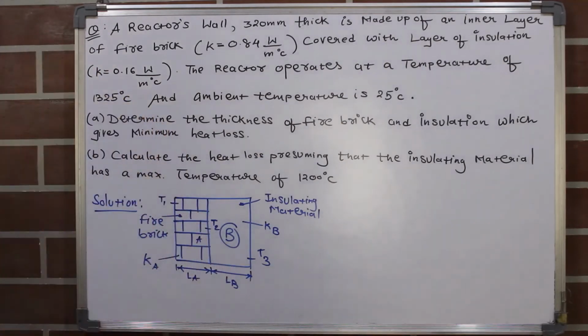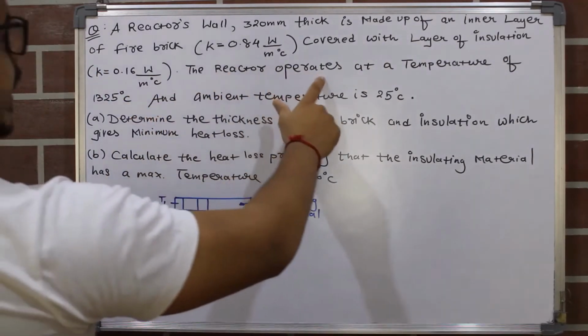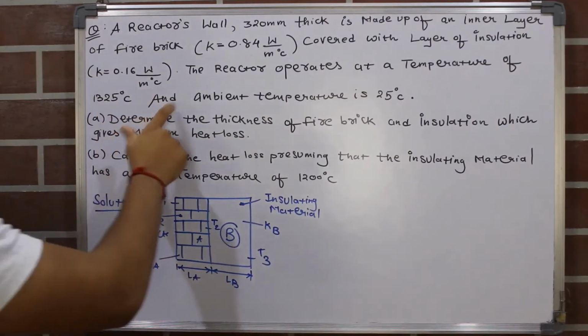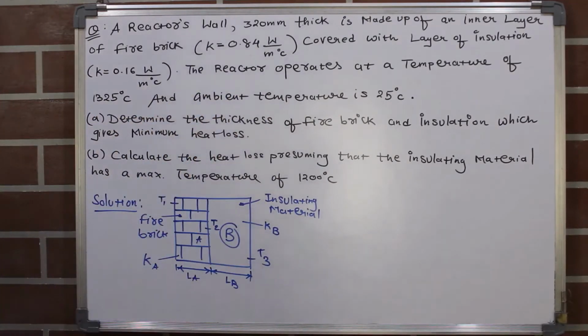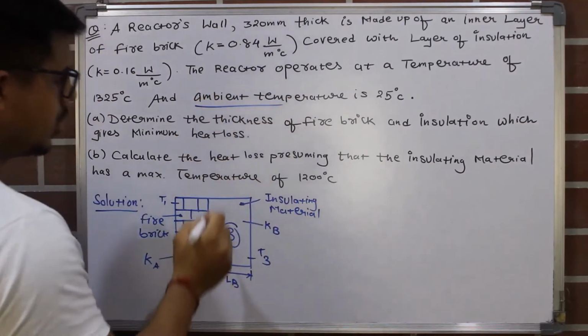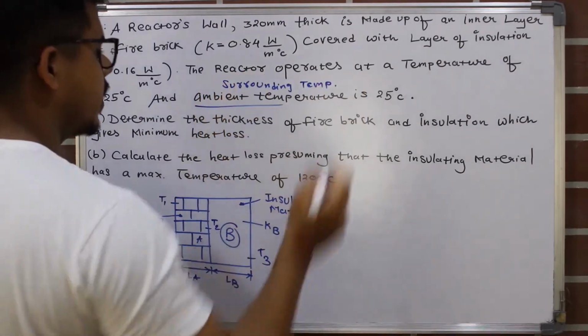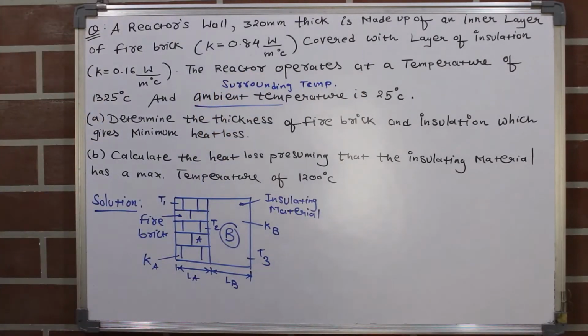The reactor operates at a temperature of 1325 degrees Celsius and the ambient temperature is 25 degrees Celsius. What is the meaning of ambient temperature? Ambient temperature means the surrounding temperature, so it is 25 degrees Celsius.